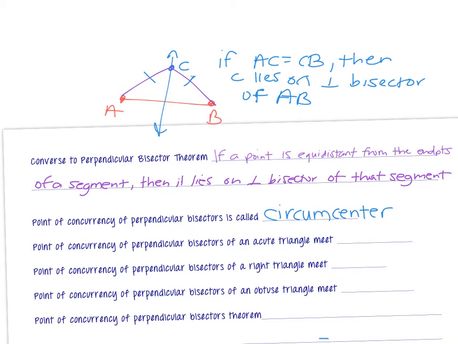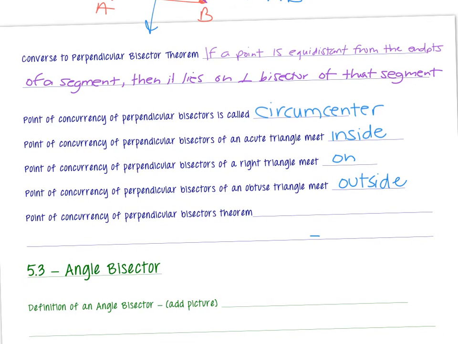The perpendicular bisectors of an acute triangle meet where? Inside. Of a right triangle they meet on, and of an obtuse triangle outside. So perpendicular bisectors are in, on, out, depending on the triangle.